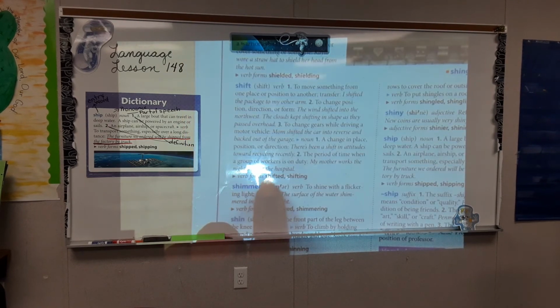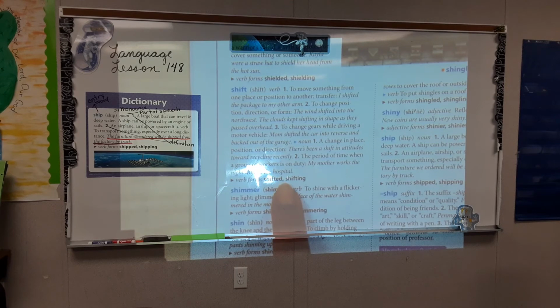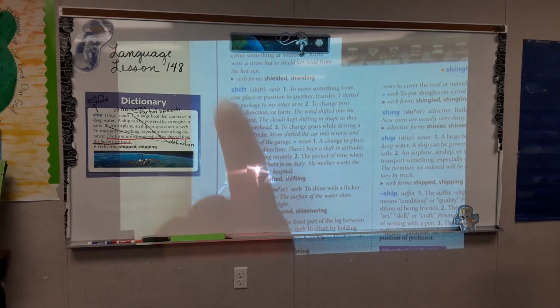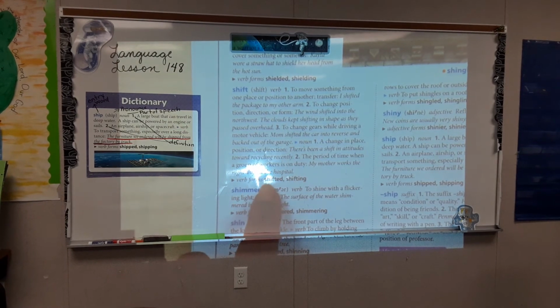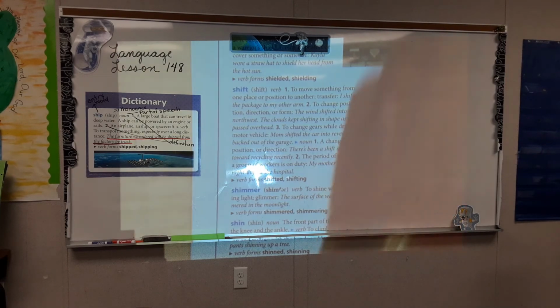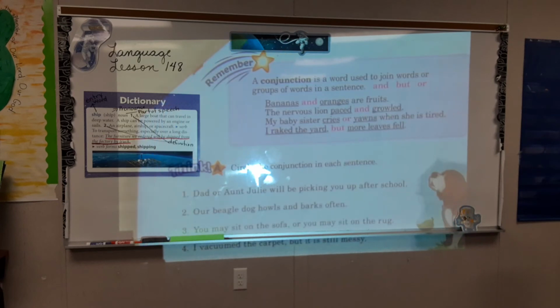And then at the bottom, it tells you different forms of that. So this is the verb, and these are the different forms of that verb that you could use: past tense, present progressive. Okay? Moving on to our worksheet for today.